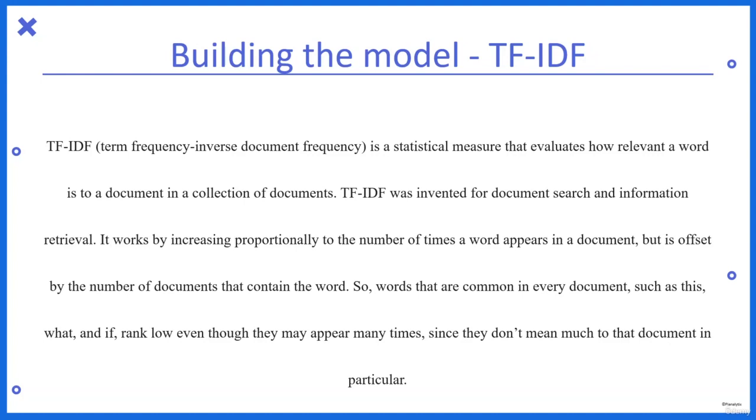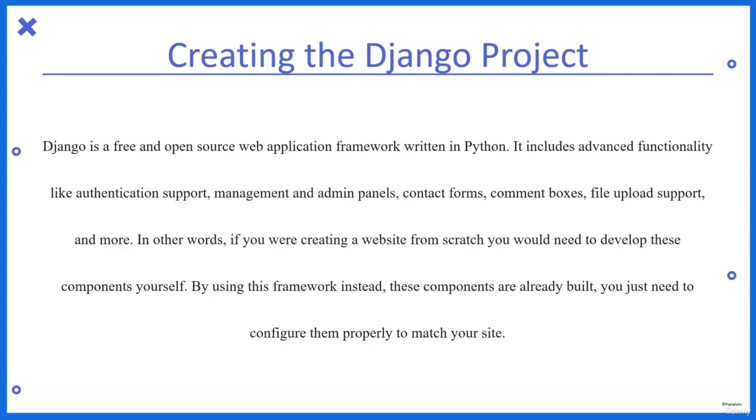So the IDF term pushes these words down the ranking system so that the model is more robust and precise, and only those words which are specific to a document come up in the ranking, and words which are common in every document come down in the ranking.